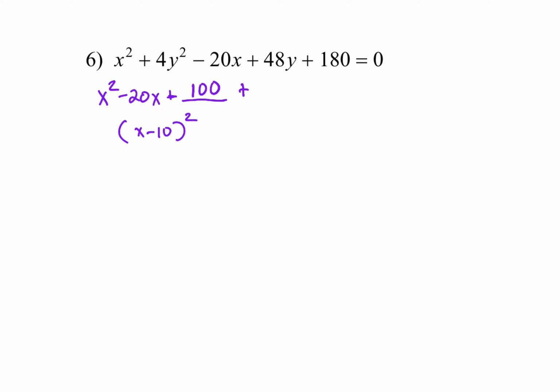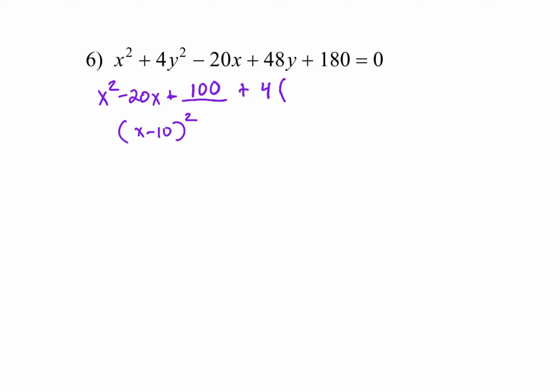Did we ever complete a square with anything other than 1 in front of our y squared value? No, we didn't. What did we do? What do I have to do with that 4? Factor it out. So if we factor that 4 out, I'm going to put a 4, and then a parentheses. Now I'm going to look at just my y values.